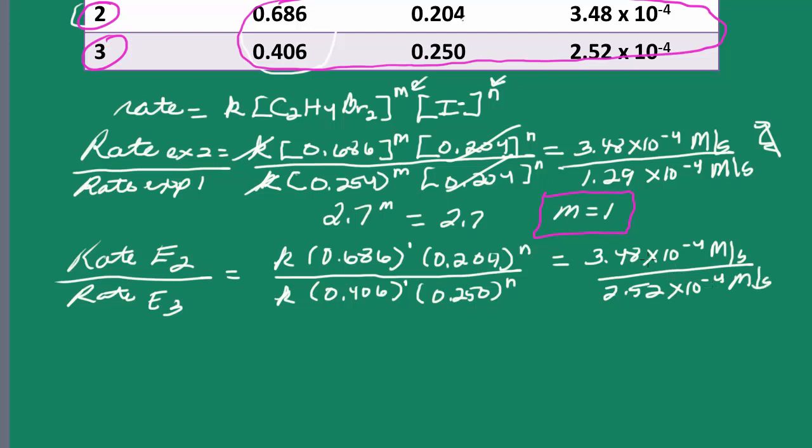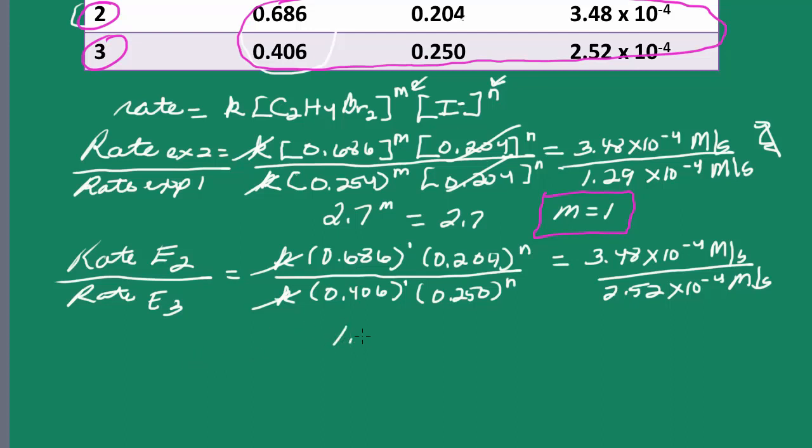Okay, so again, this cancels. Now here we'll just take the 0.686 and divide by 0.406, and we get 1.69.